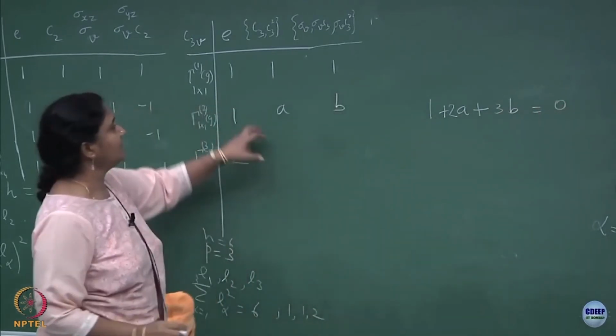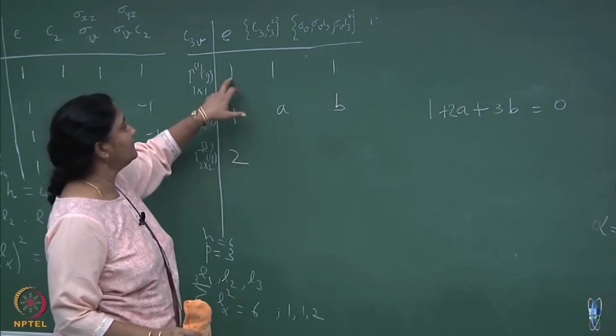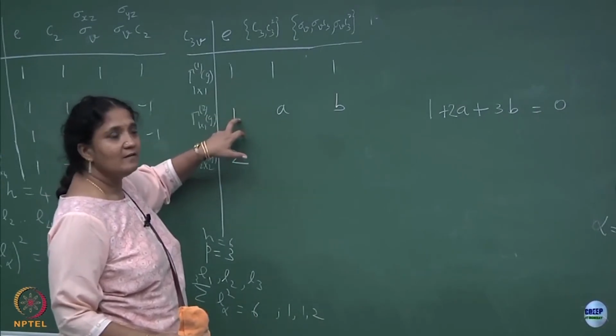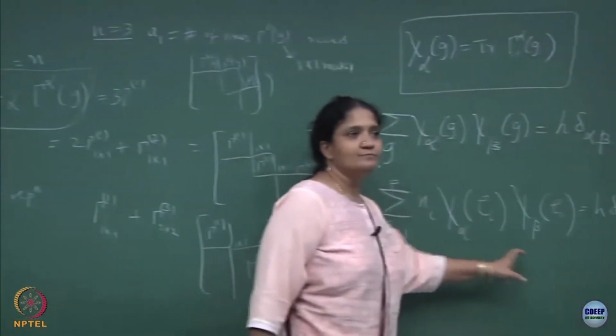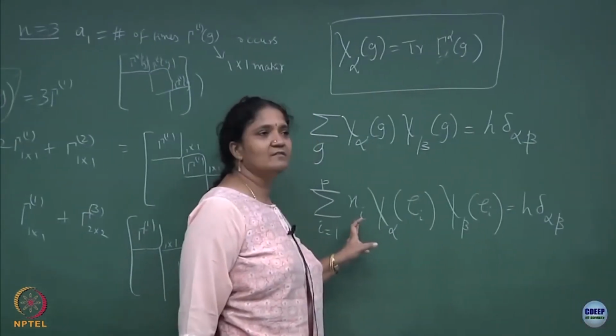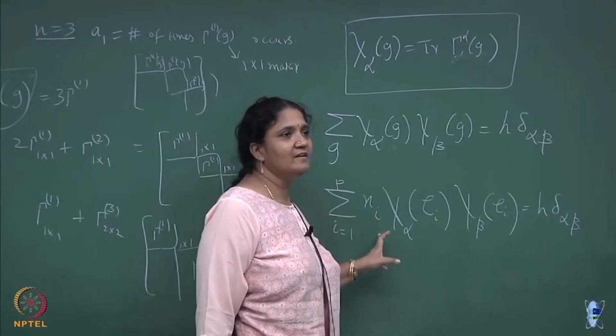I am just multiplying this with this. Alpha is this one and beta is this one. I am using this relation. So n1 is 1, n2 is 2, n3 is 3.